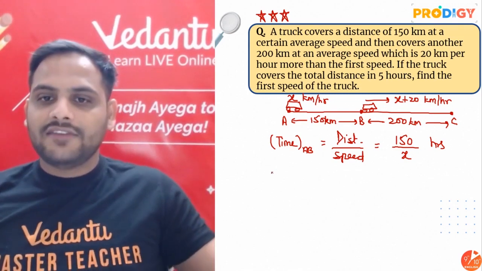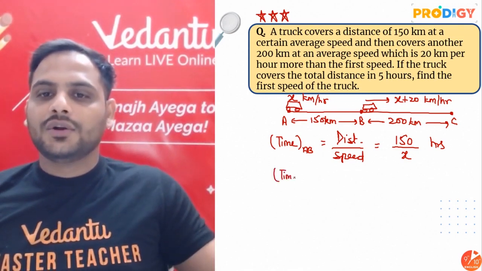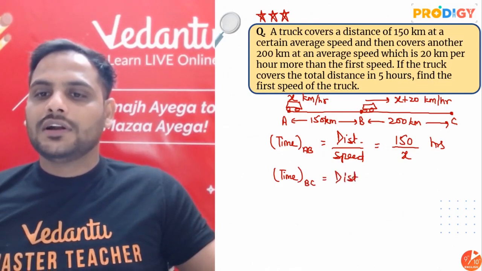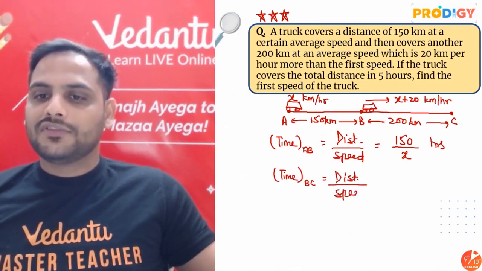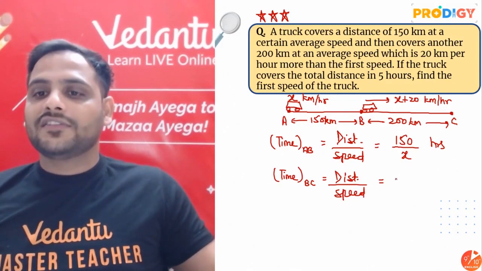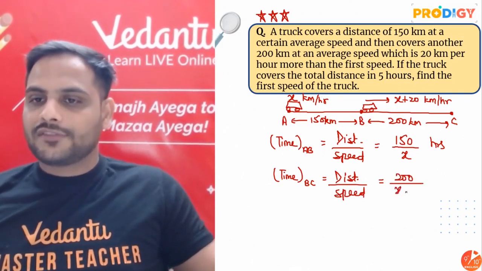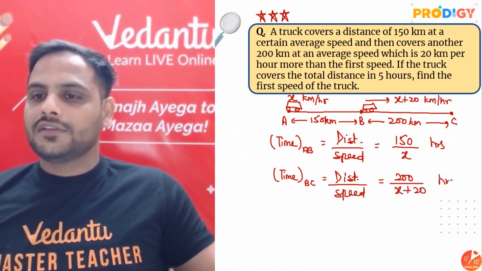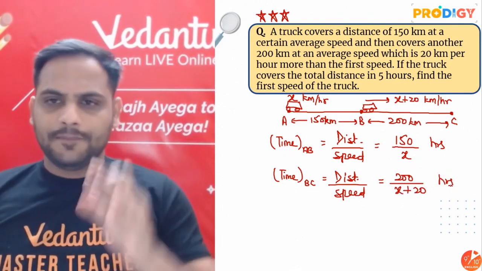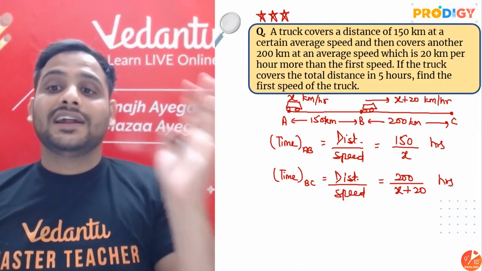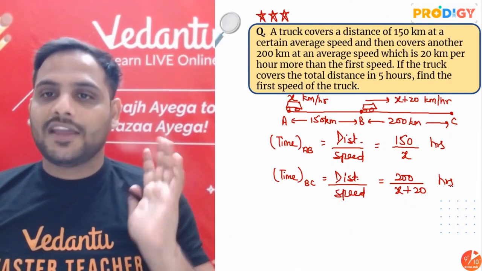Simple. Same way, time taken to move from B to C will be equal to distance upon speed. Distance is what this time? Distance is 200. Speed is x plus 20. So this will be the time in the second case. Right? Okay. Time from A to B is 150 by x. Time from B to C is 200 by x plus 20.